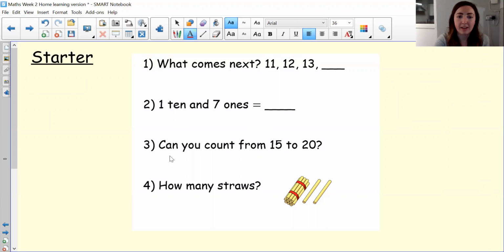Then question number 3, can you count from this number to this number? Do it out loud and then you can write down the numbers as well. And then question 4, how many straws? Look at the picture, how many straws?